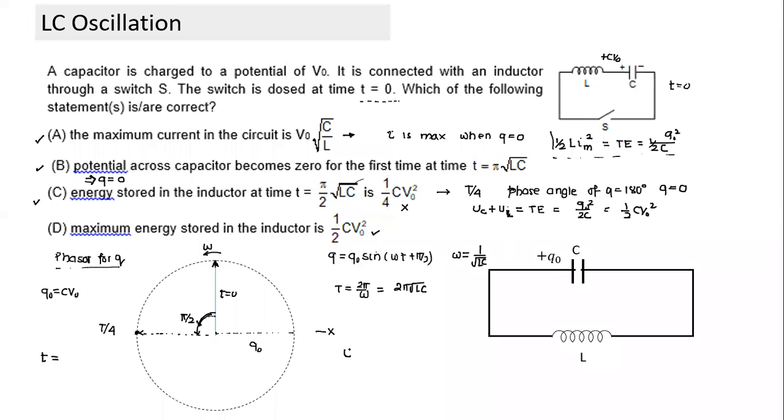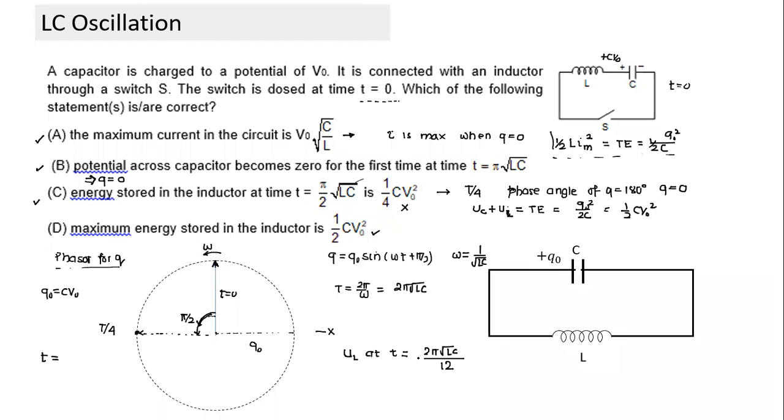Suppose I ask you this question, Gayatri, that you can quickly answer. What does UL represent? I am representing UL as the energy stored in the inductor at time t. Can you tell me what is the energy stored in the inductor at this particular time?